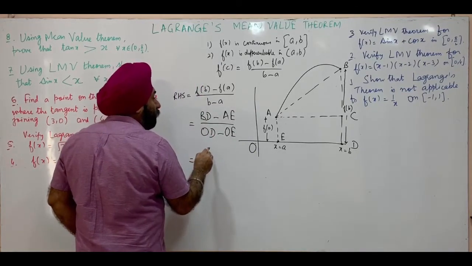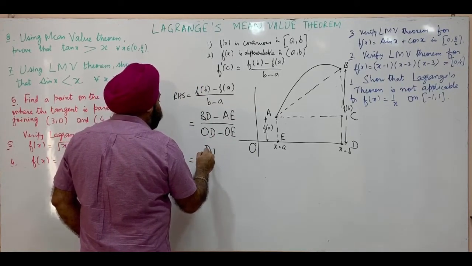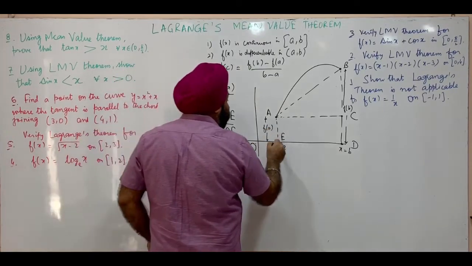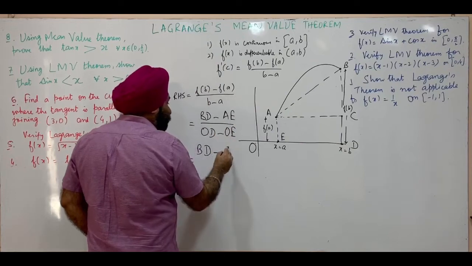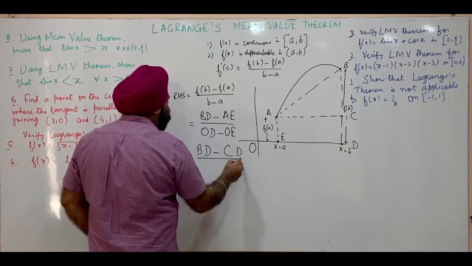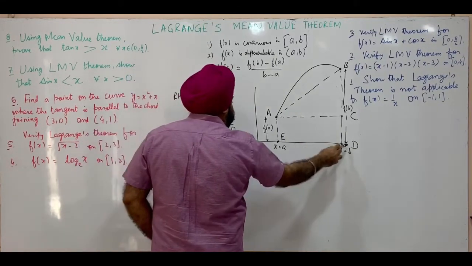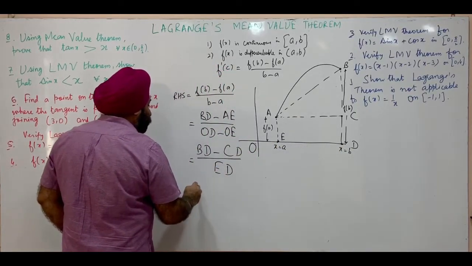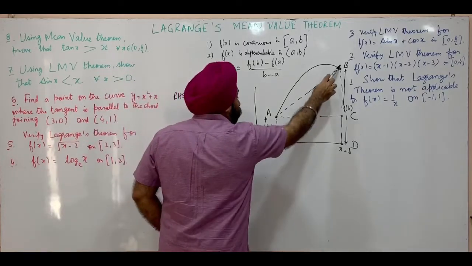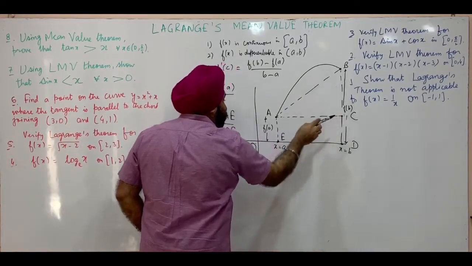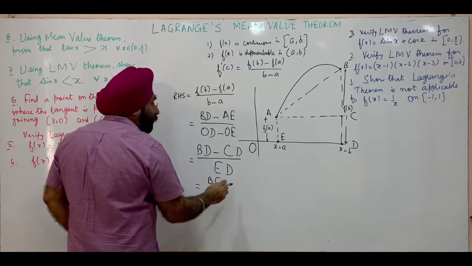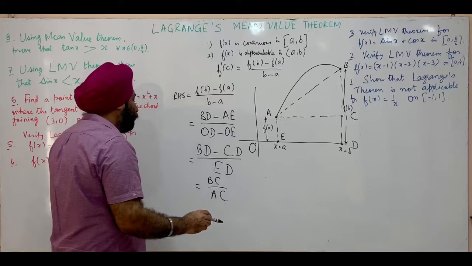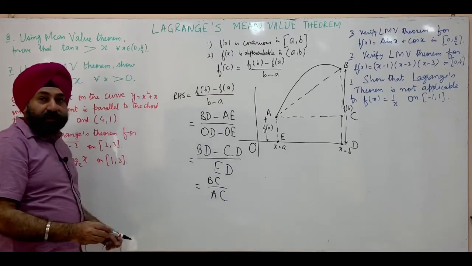This is equal to BD minus AE. Now AE is the same as CD, so I am replacing AE by CD, upon OD minus OE. This is ED. This is BD minus CD. BD minus CD is BC and ED is the same as AC. So the right hand side is BC upon AC.